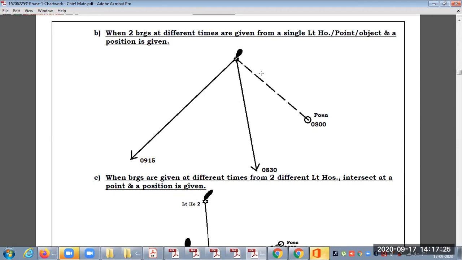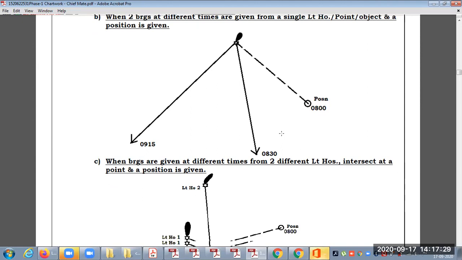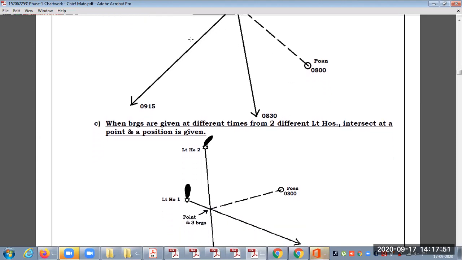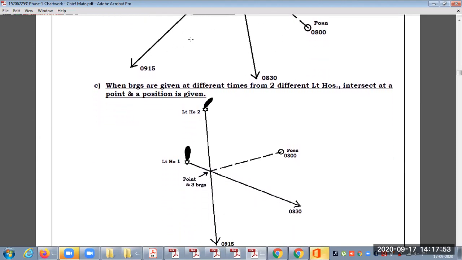This way we can get the third bearing if one position or fix is given, or we can combine some other running fix or some method where we get one position, and from this position, whatever position we get, we can join it to this lighthouse to get one bearing, and the other two bearings can be obtained from the question. It can be a question of combined concepts.